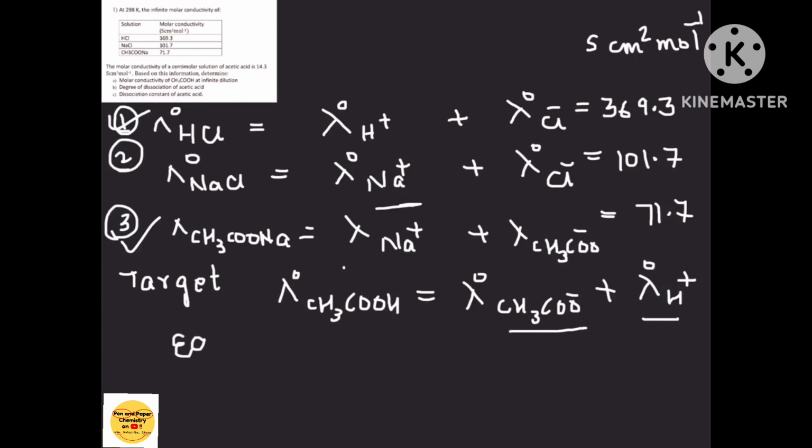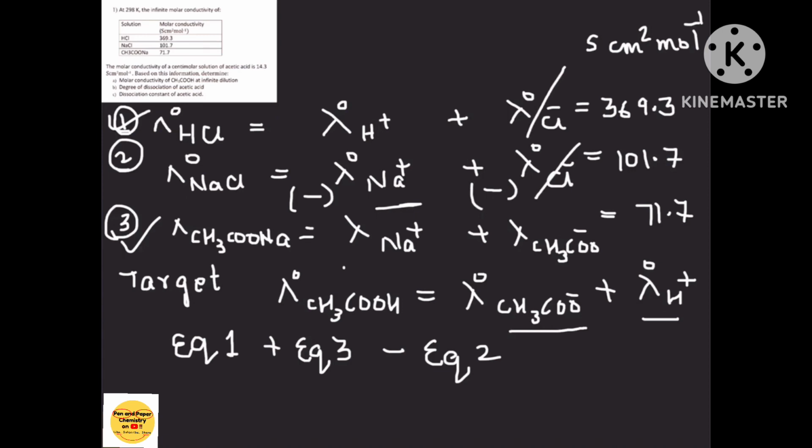If you have knowledge about Hess's law, I am sure you will be able to relate with this very easily. Otherwise, we can go step by step. So what do we have over here? Equation 1 plus equation 3 minus equation 2. If you want to show the minus, so this is minus, this is minus, this is cancelled out, positive and negative cancels out, we are left with only 2 of them.